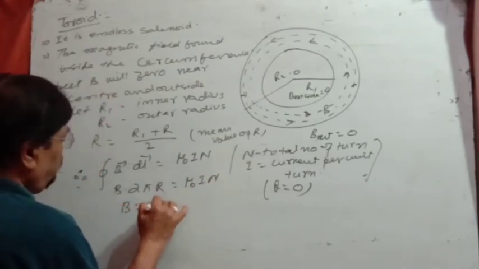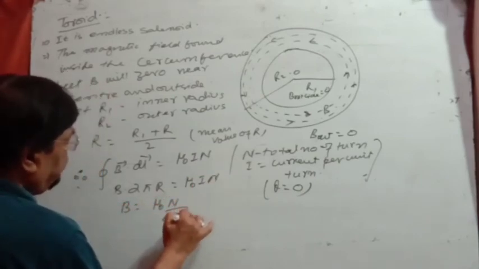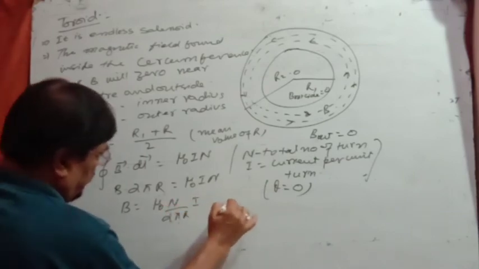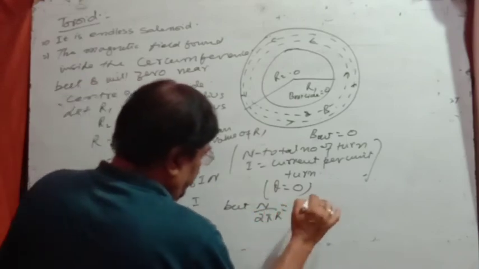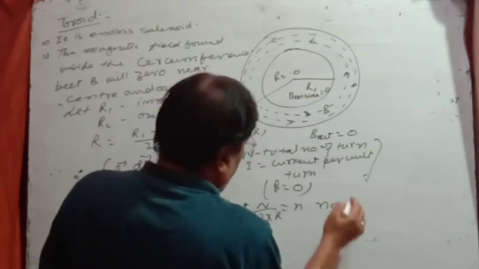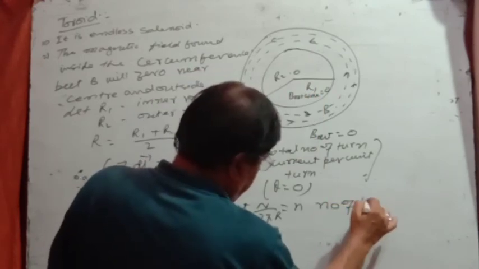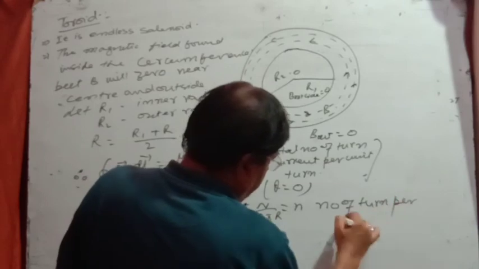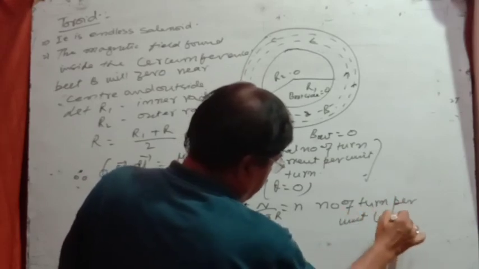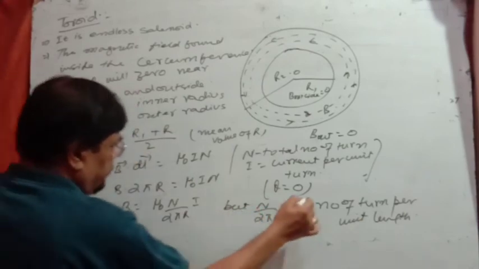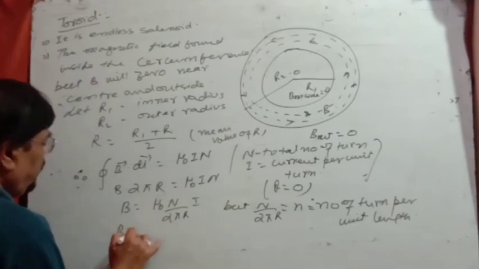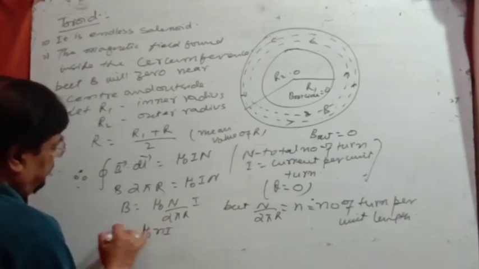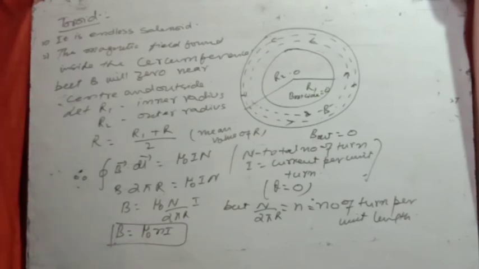So B will be equal to mu naught N upon 2 pi r into I, but N upon 2 pi r is the number of turns per unit length. तो यहाँ लेंथ तो सर्कमफ्रेंस ही होगा ना, नंबर ऑफ टर्न पर यूनिट लेंथ. देयरफॉर B इक्वल टू म्यू नॉट n I. यही होता है हमारा टोराइड के केस में.